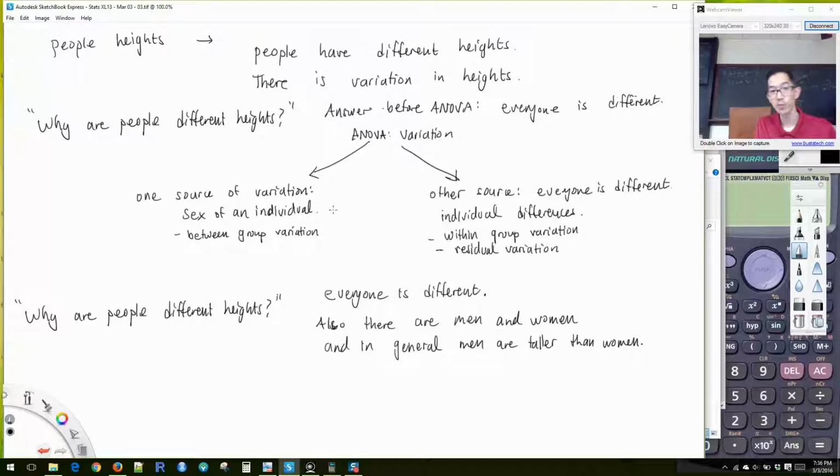So the total variation can be separated into two parts. Part of the variation is because the groups are different from each other, and part of the variation is just the individual variation or individual differences that we'll never get rid of as long as variation exists in some form.